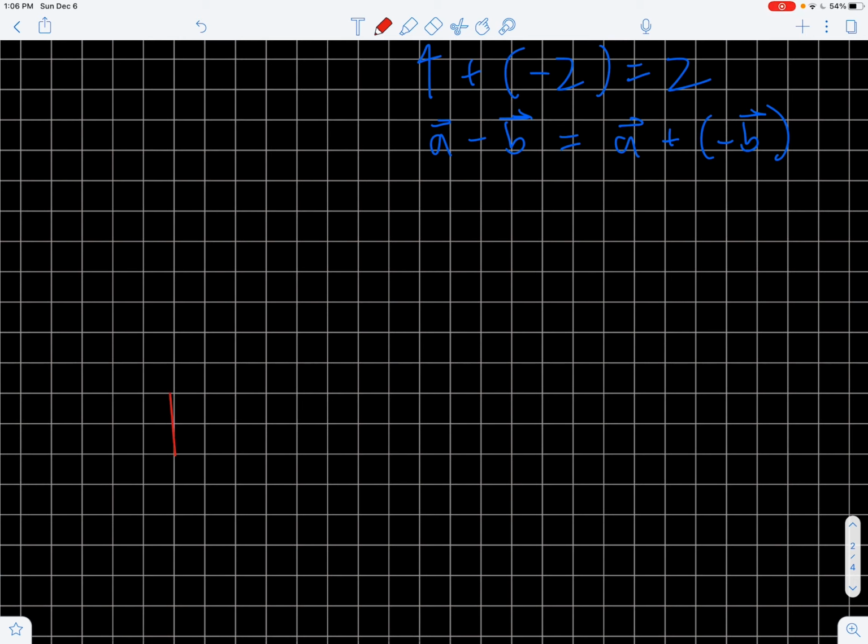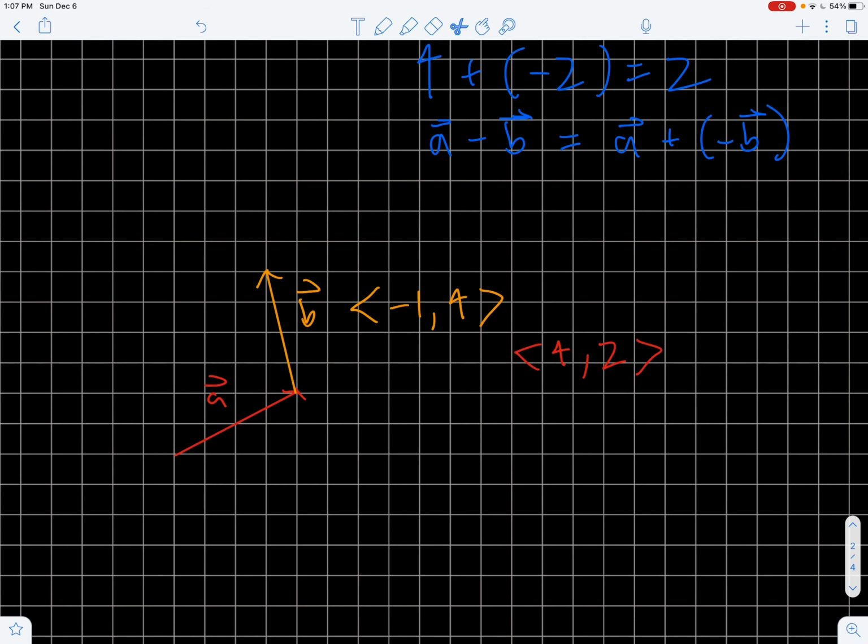We've got a vector A. He'll be 4, 2. Those will be his components. And we've got a vector B. And negative 1, 4 are his components.